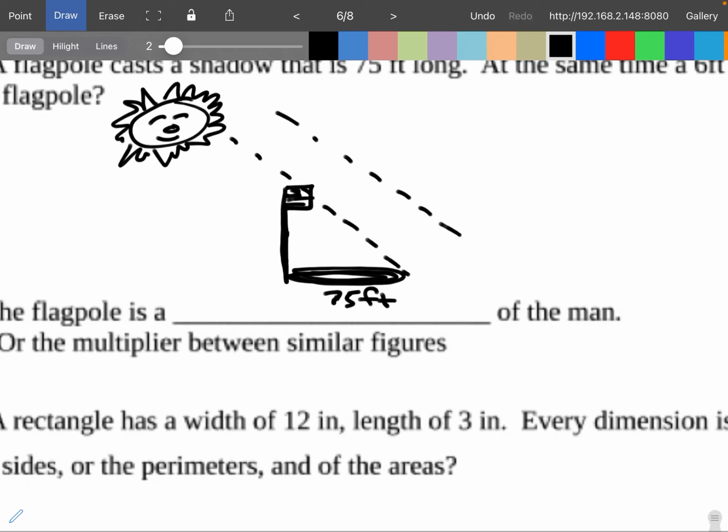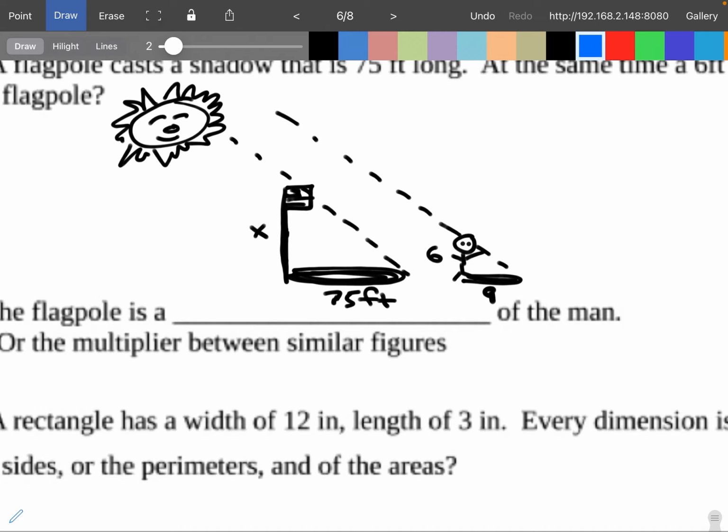Like that. And then there's a guy standing here. I'm having trouble with my artwork here. So here's my guy. He's got one eyeball, it looks like. There you go. There's my guy. And his shadow's right here, right? So then he is 6 feet tall. And his shadow is 9 feet.